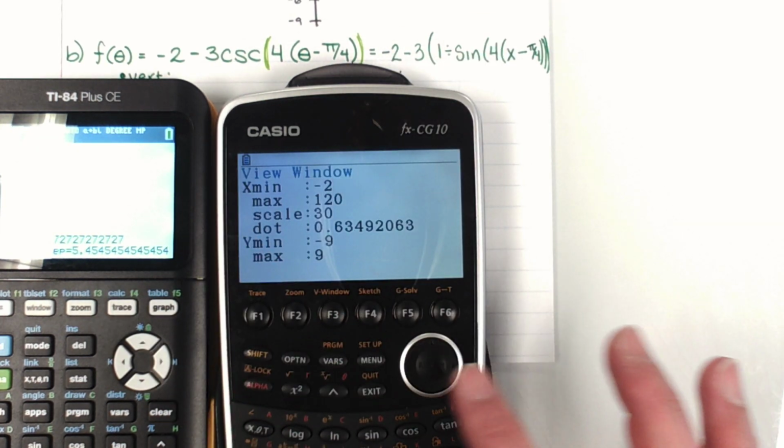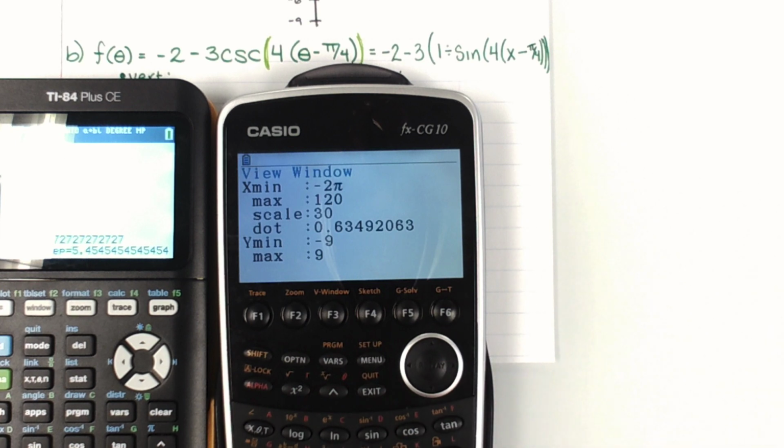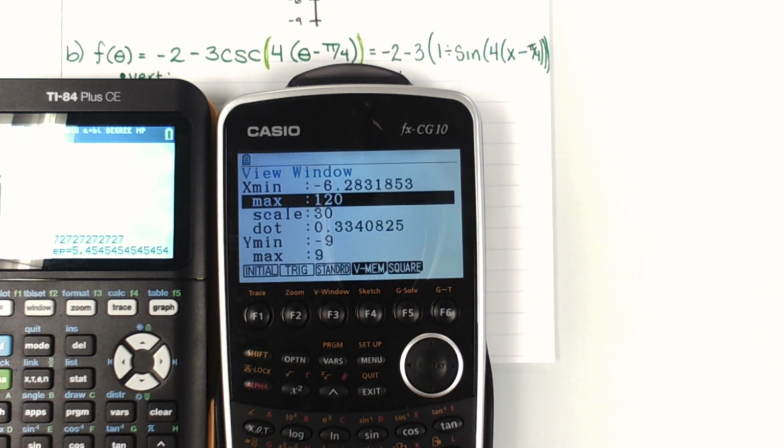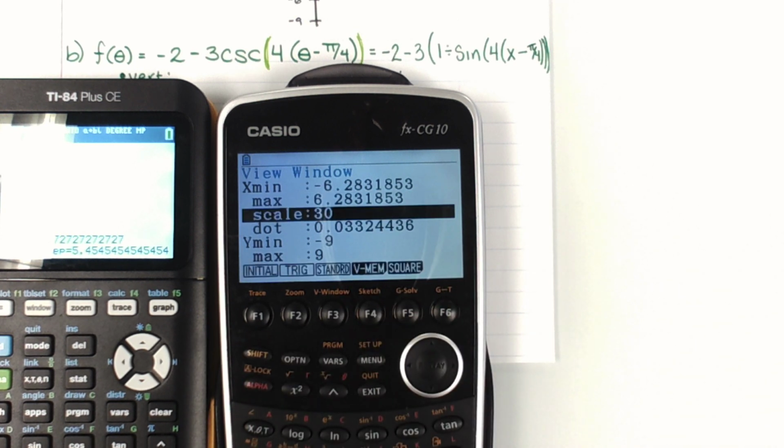Here, -2 pi. Now my calculator's going to change it to a decimal because the calculator works in decimal, but that's fine. 2 pi. Scale, pi over, what's a quarter of 2 pi?